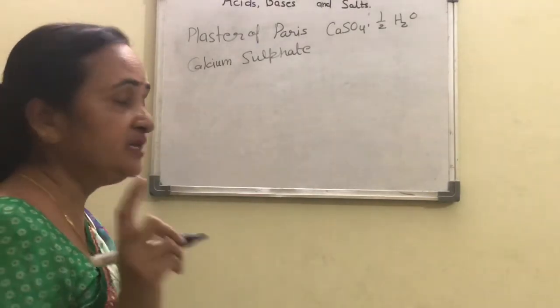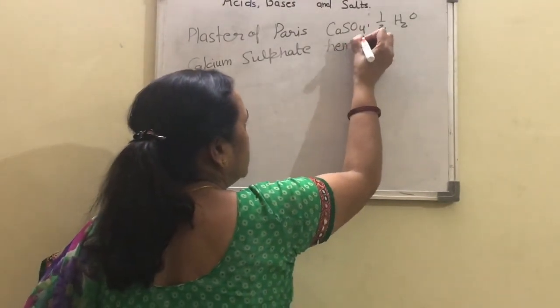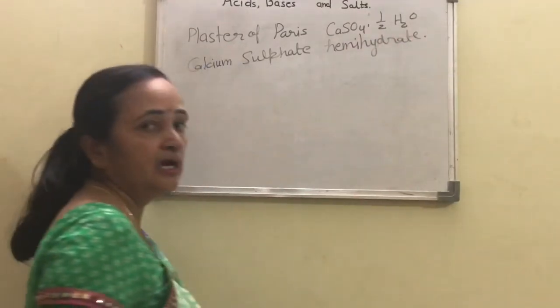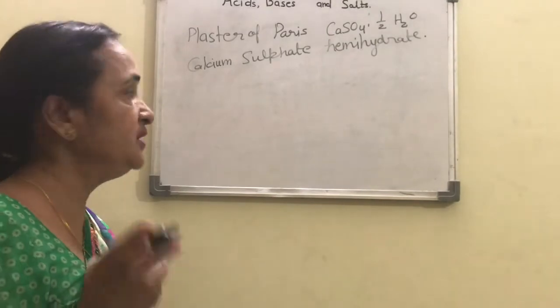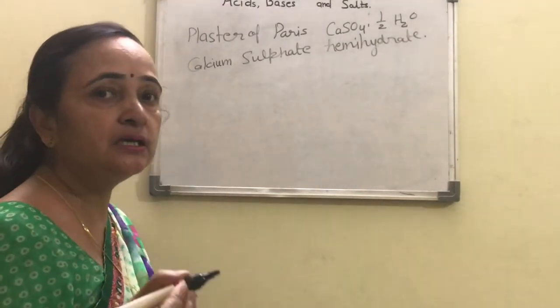Half is there, it means we can write hemihydrate. Okay, calcium sulfate hemihydrate. So what happens, it is prepared by heating gypsum.